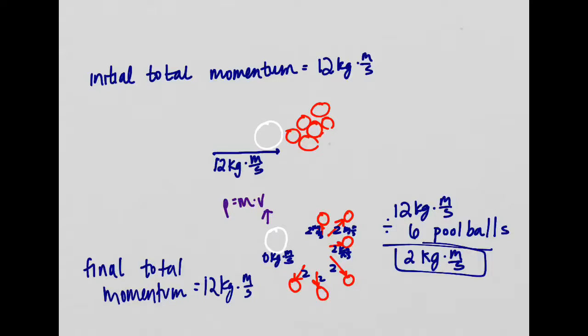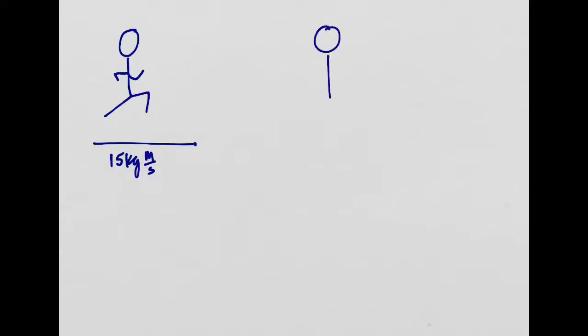Or it would be something like, let's give an example. Okay, so I have this boy running at 15 kilogram meters per second, and there are 2 other boys standing in his path talking, and they're looking at each other and not paying attention. He's just listening to his music, not paying any attention, just running, and what's going to happen?